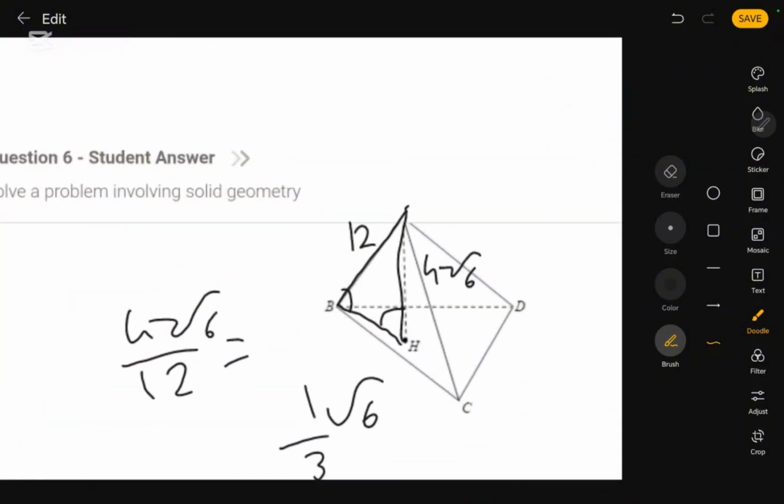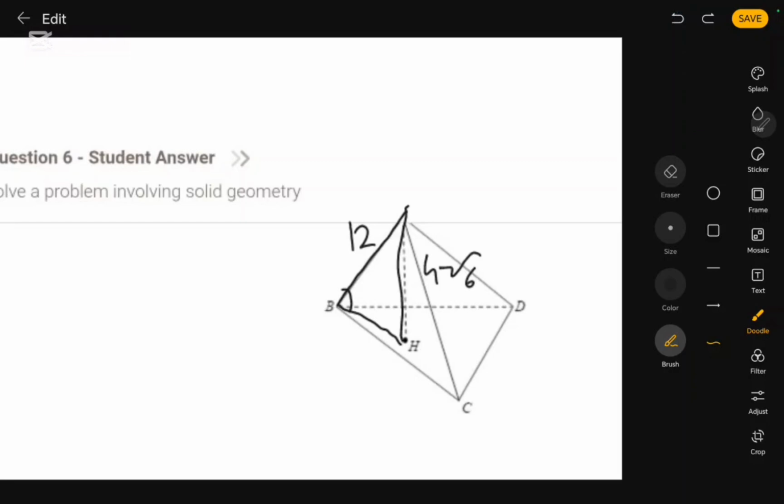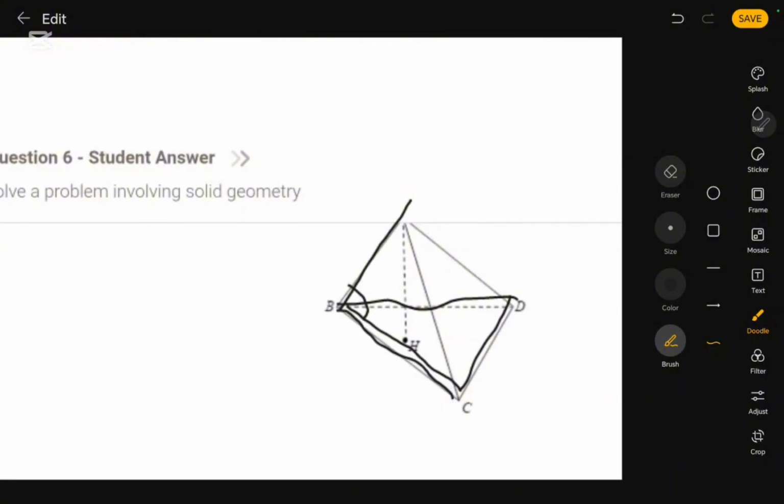Okay, I'll re-explain this part because I was a bit lost. So they said AB and they said BCD, which is the whole triangle down here. And so I figured out that the angle was right here. I drew it a bit wrong; this is supposed to be here. But I know that it's this angle, so I got this triangle, I put it here.